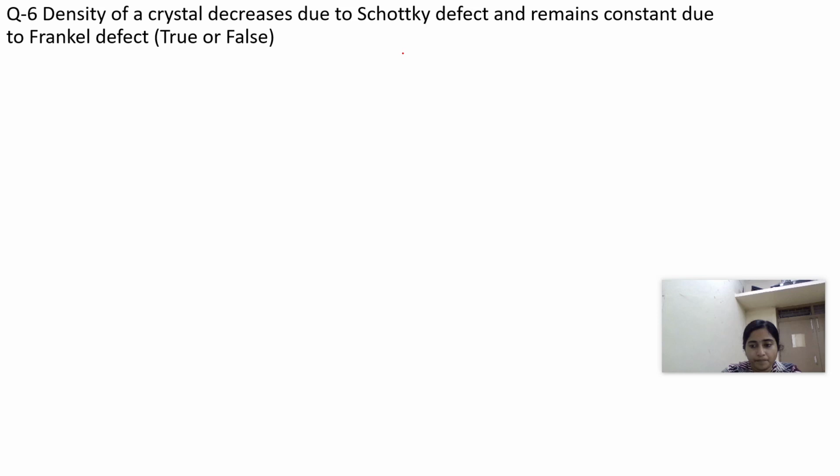Before that, how can we tell that if we process a material in this condition, a Frenkel defect can form, or in another condition a vacancy can form? How can we determine that?